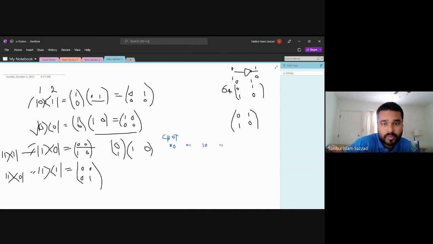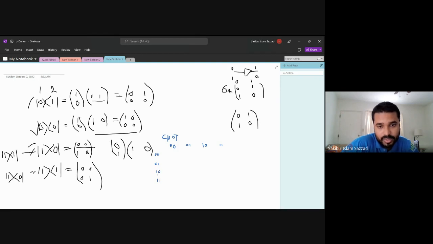This is input. And when the input is 00, if I apply the CNOT gate for 00, I will get also 00. When I apply 01, I will also get 01. When I apply 10, I will get 11. When I apply 11, I will get 10.